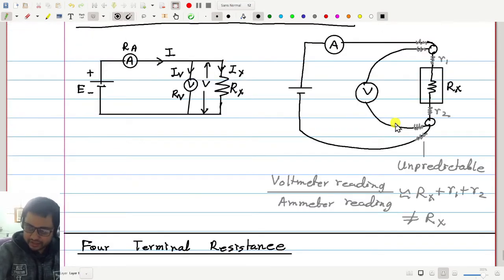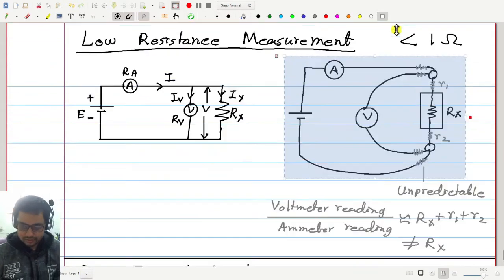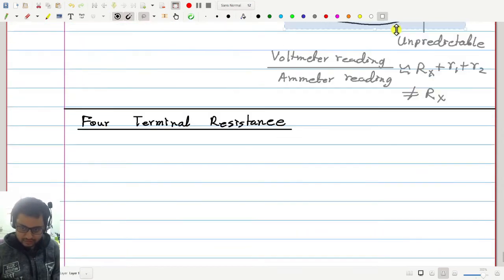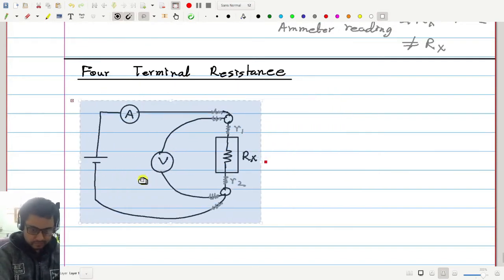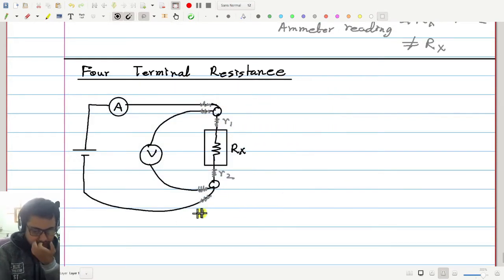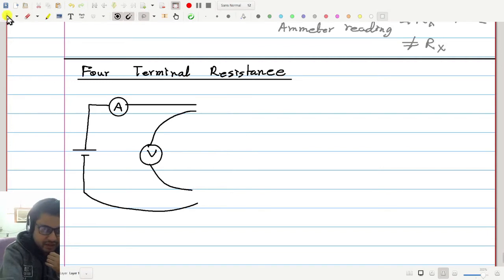Here in this diagram, let me repeat this diagram. Here we will take a resistance box which has 4 junctions, 4 screws or terminals like this.